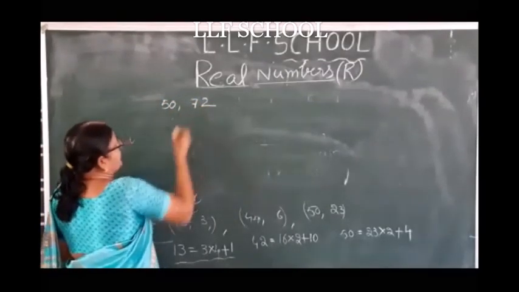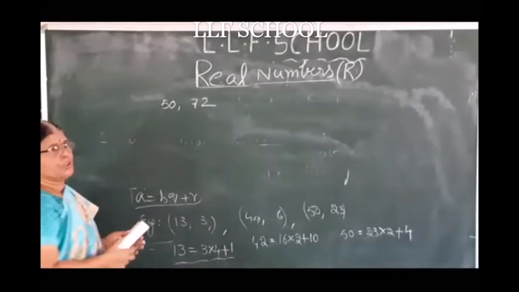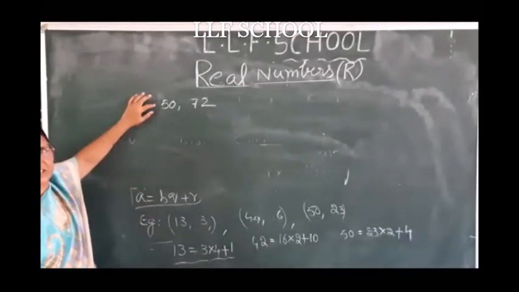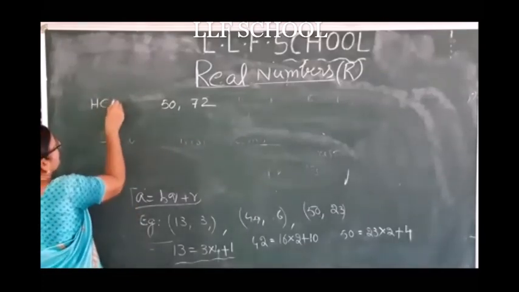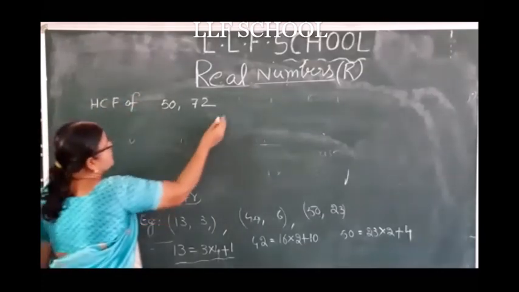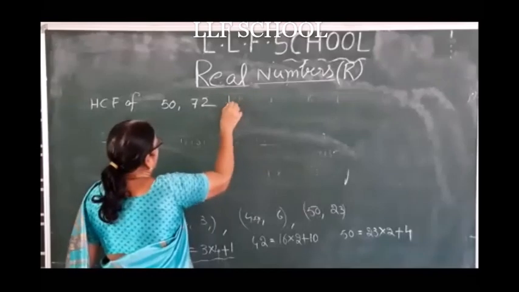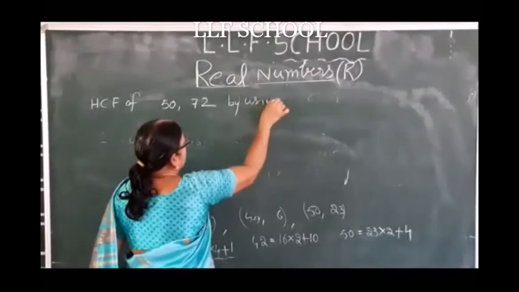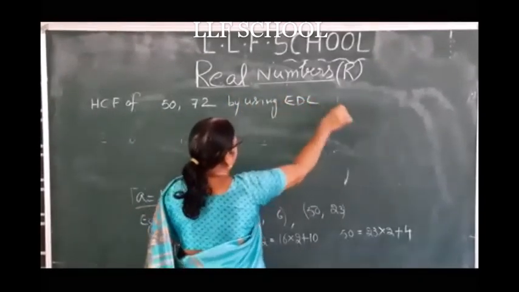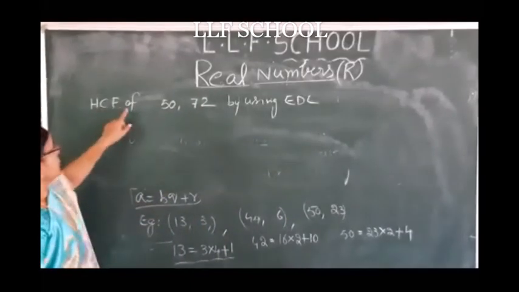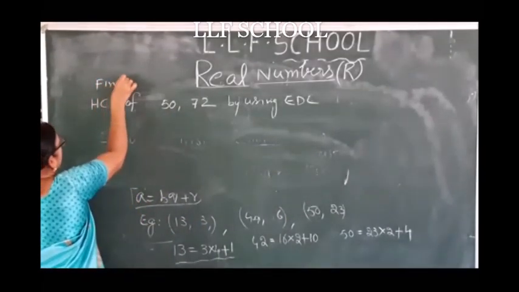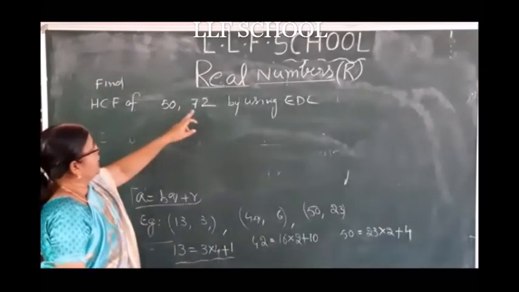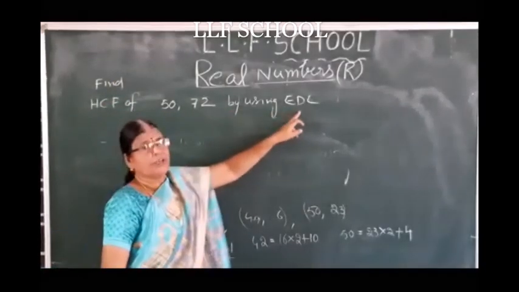See, 50 and 72. These are two positive integers. How do you find the HCF of these two numbers? By using EDL. Find the HCF of 50 and 72 by using EDL.